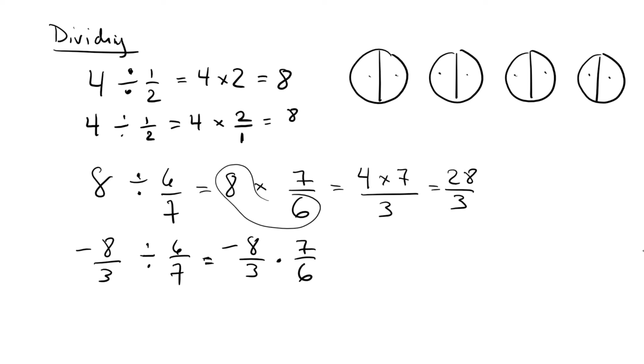So here, what can I do? Once again, I can reduce 8 over 6, that's 4/3, and then 3 doesn't go into 4 and 4, so I get minus 28 over 9.